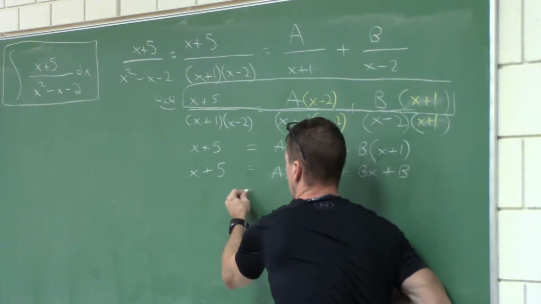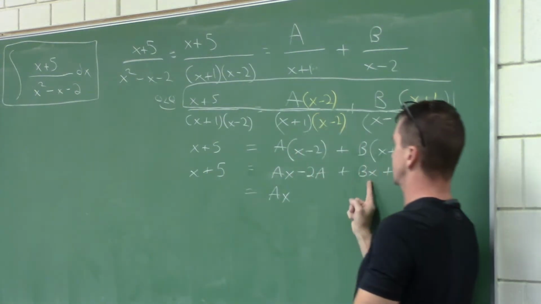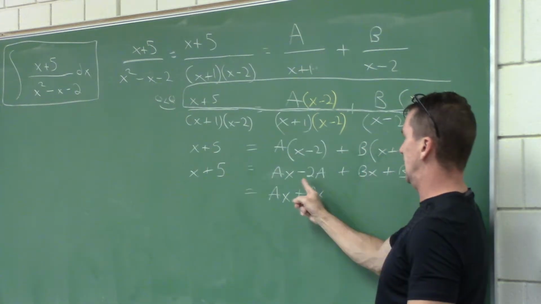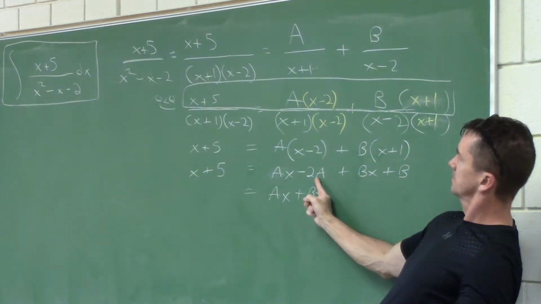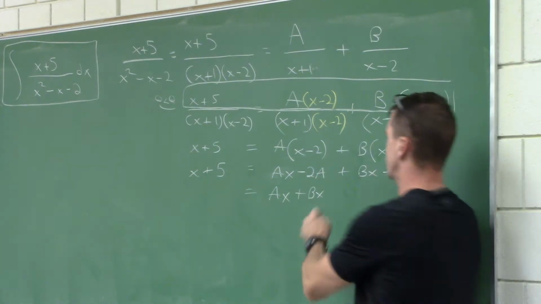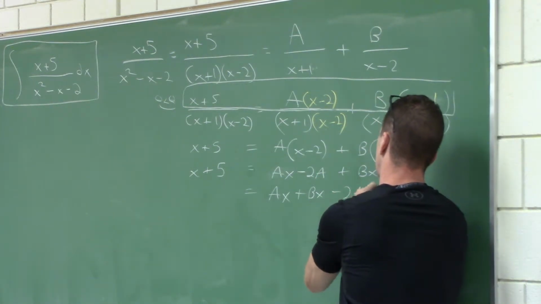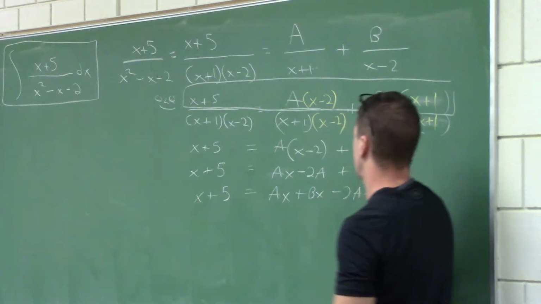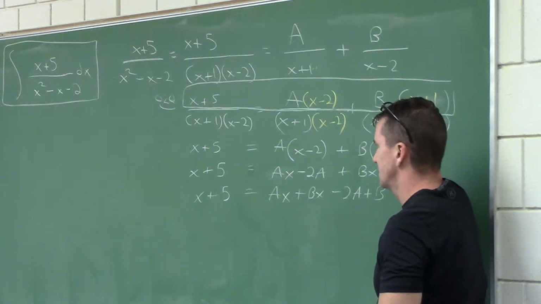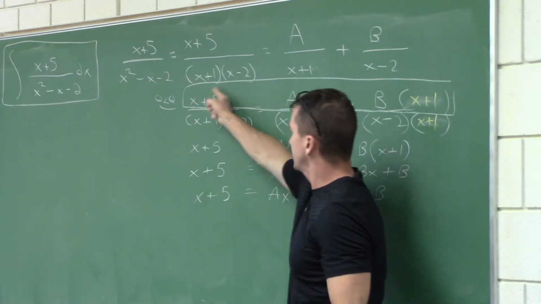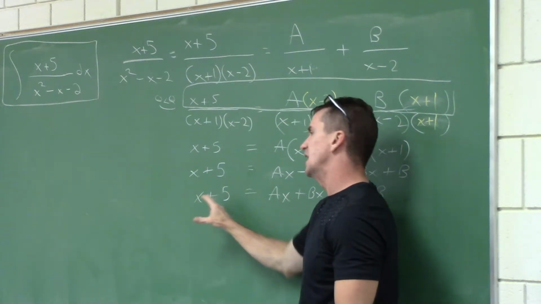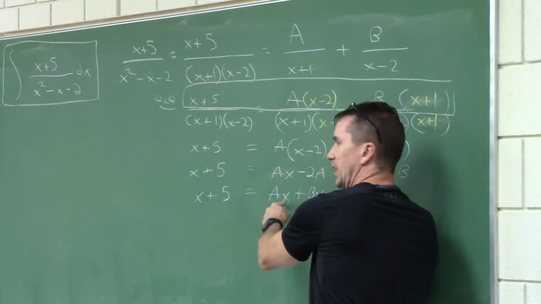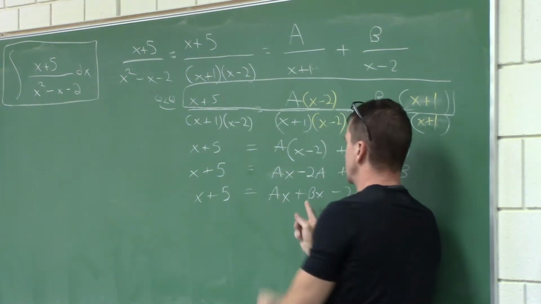So in my next step, I'm going to write this as Ax plus Bx, and what's at the end there? Minus 2A plus B. And what's this equal to over here? We're almost there. From here downward, I'm now looking at equating the coefficients. What's in front of that x again? 1. It would be nice if we can write this right side as just a solo x.